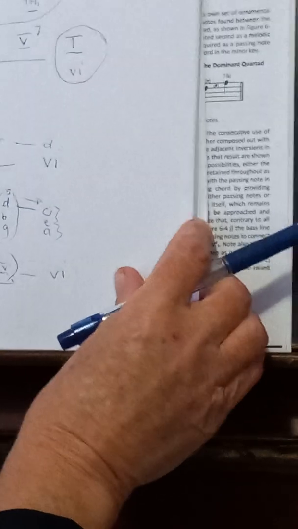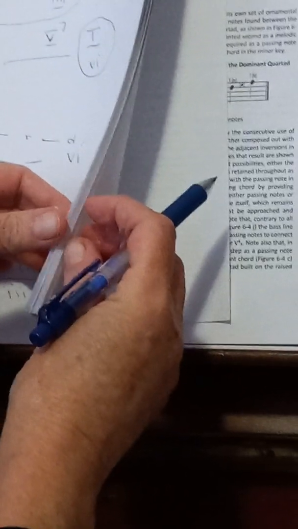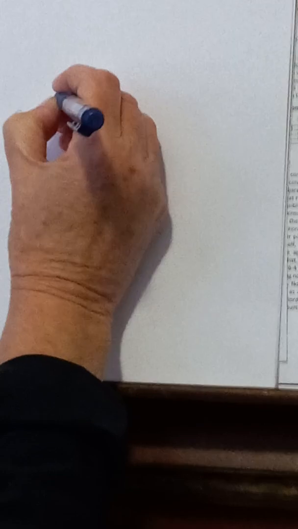A passing chord means that there's, number one, a passing note in the bass. It's the composing out of a passing note in the bass. That's what makes it a passing chord. So there has to be a member of the chord in the bass, then it must go through a passing note to another member of the chord. And that has to move by step.